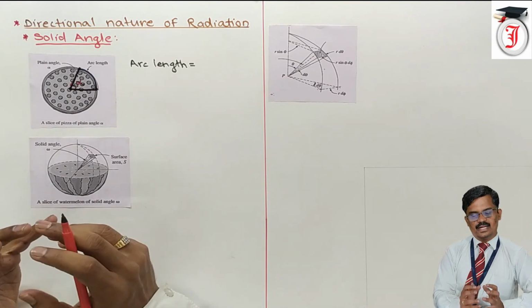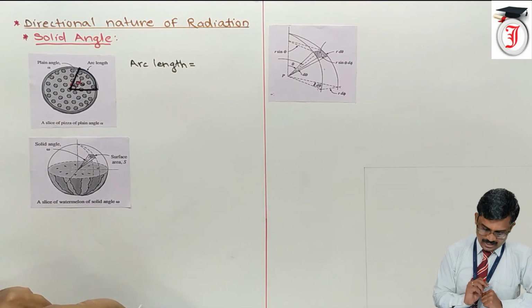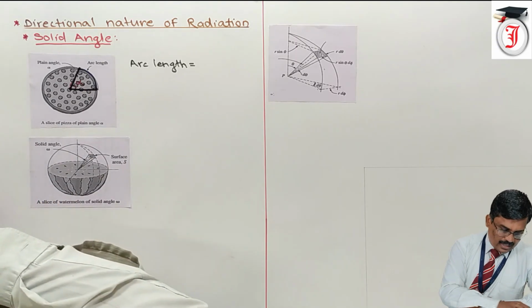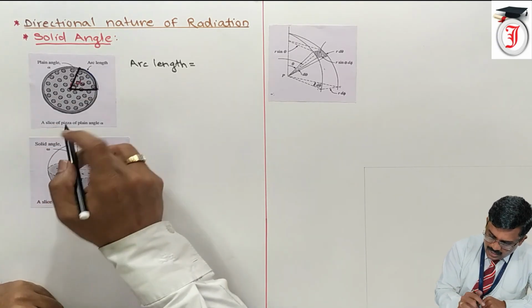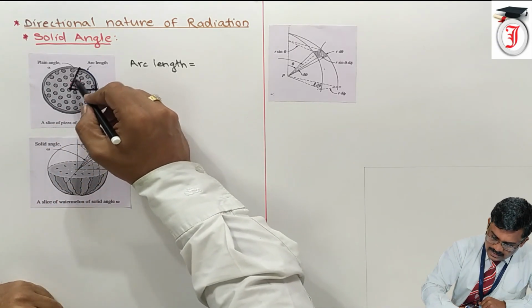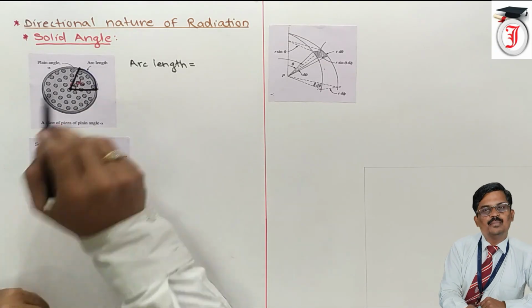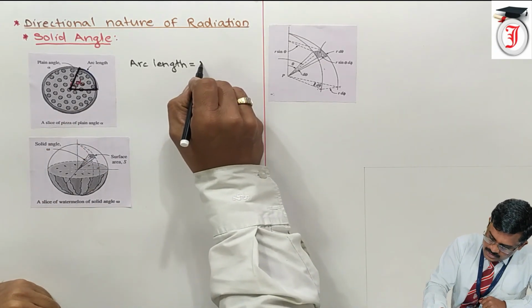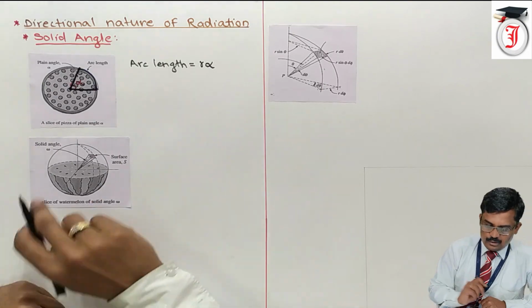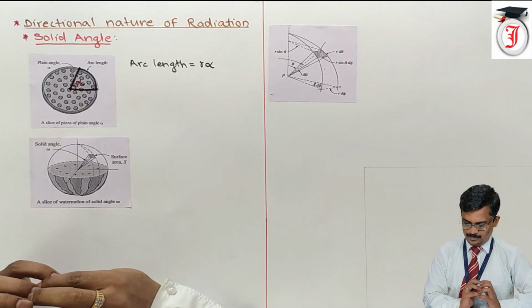Considering that angle, we can determine the arc length. Arc length is equal to radius into plane angle, so radius into plane angle alpha. Alpha is a plane angle.